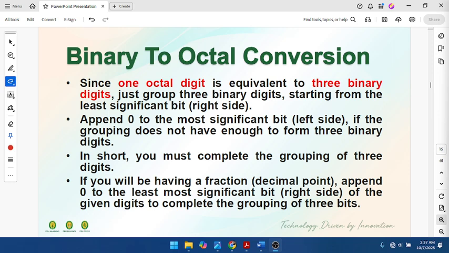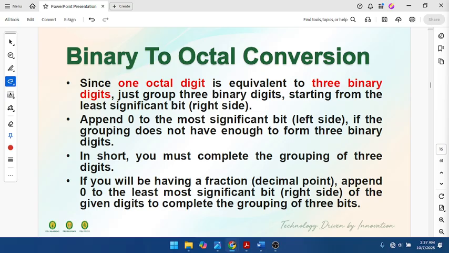Okay, so let's have binary to octal conversions. In converting binary to octal, the process is much faster than converting to decimal, because it is direct substitution rather than calculation.